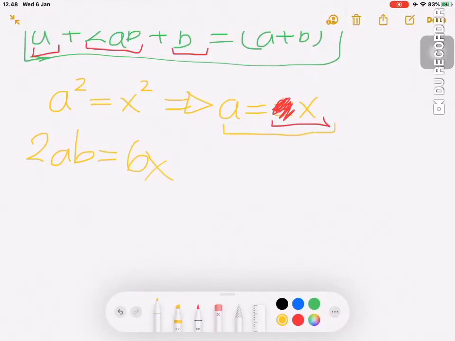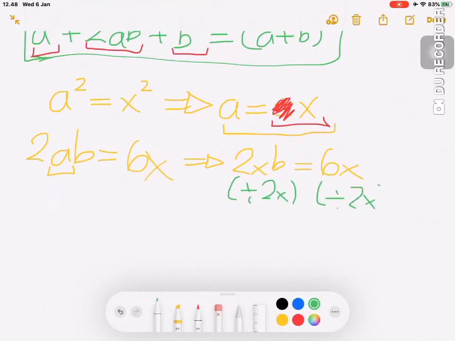So 2ab equals 6x, and note we got a equals x, so we can substitute a as x right here. We get 2xb equals 6x, and we can divide both sides by 2x as follows.